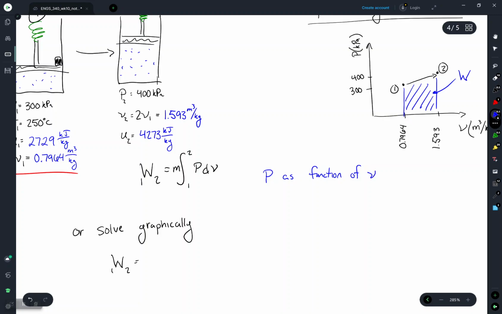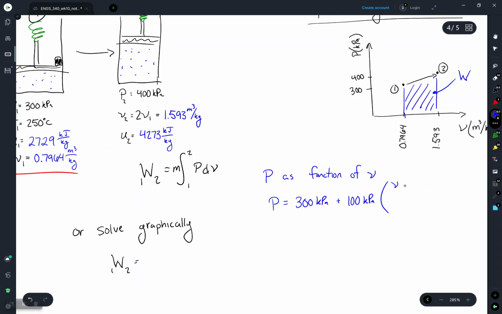So what would that look like? It might look something like this. Pressure equals 300 kPa plus 100 kPa times basically how far are we between the two different volumes.